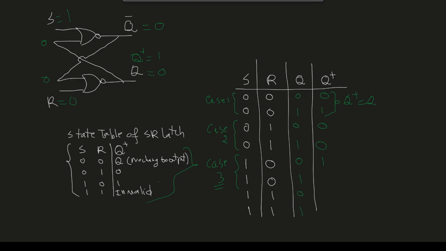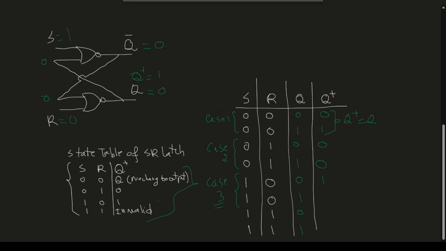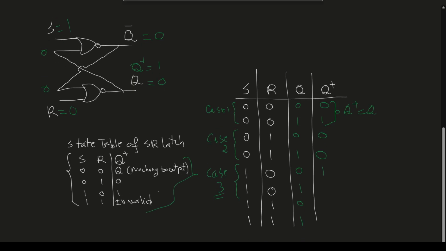So next, let's see when the current state of Q is 1, so what will be the next state of Q? So when Q is 1, 1 will come here. So 1 NORed with 1 for the top NOR gate, so Q bar will be equal to 0. And 0 will come here, so for the bottom NOR gate, 0 is NORed with 0.